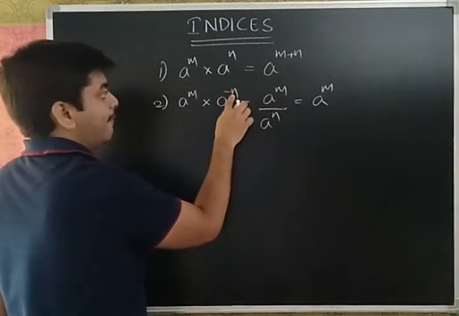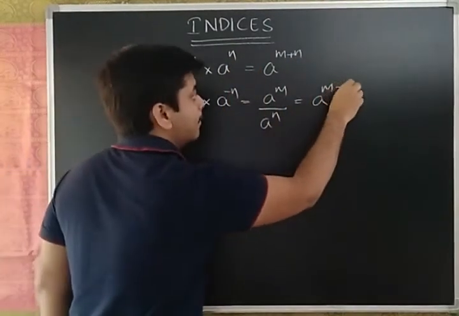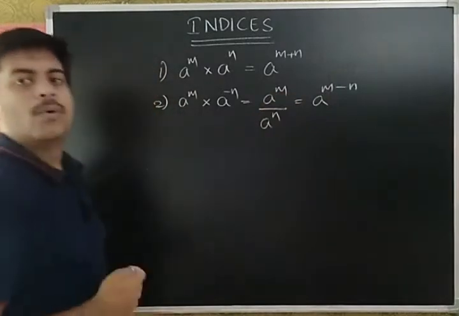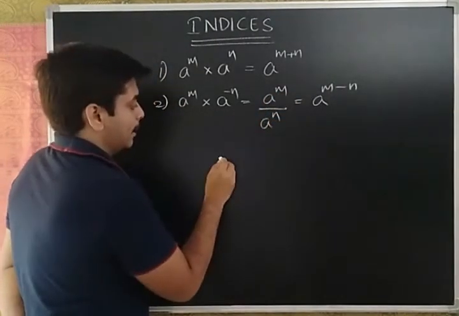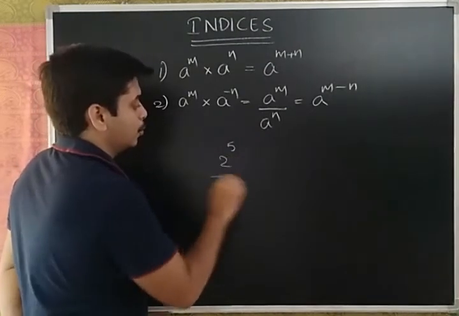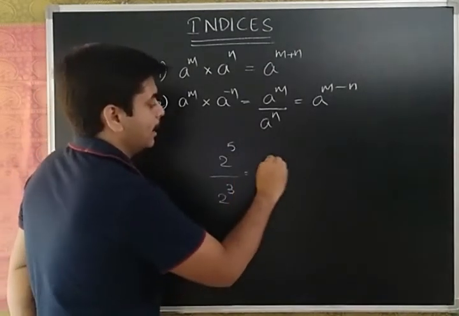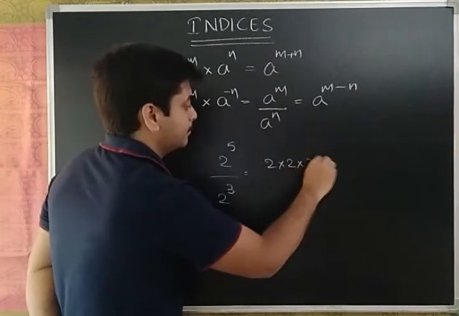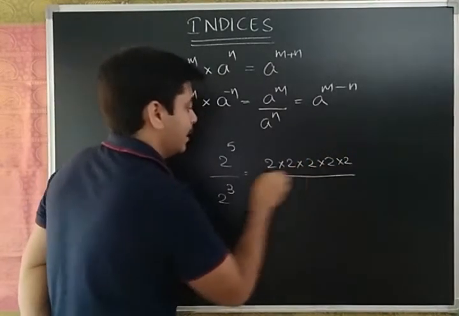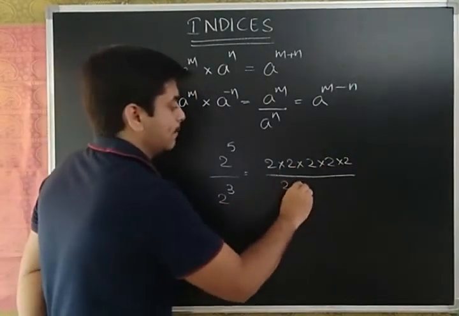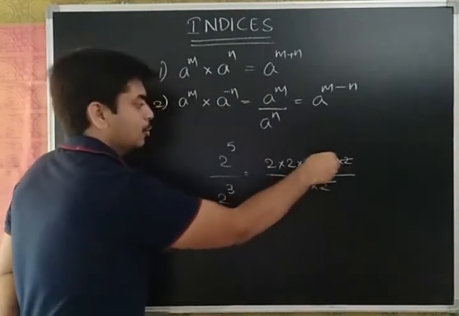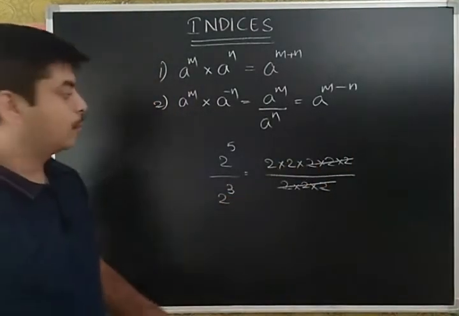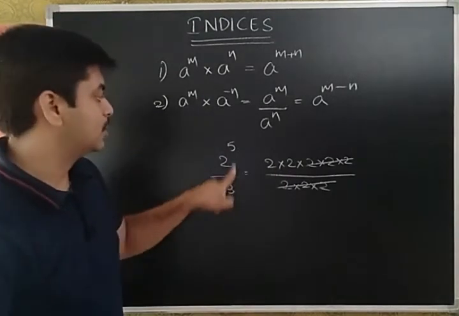In place of n we are having minus n, so it becomes a power m minus n. What is the meaning of that? See, a power m by a power n, let us say 2 power 5 by 2 cube. That means you are multiplying 2 five times and dividing by multiplying 2 three times. So what happens? All these 2s will be cancelled with the 2s here, and you are left only with the difference of these two.